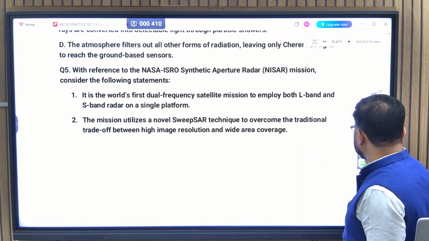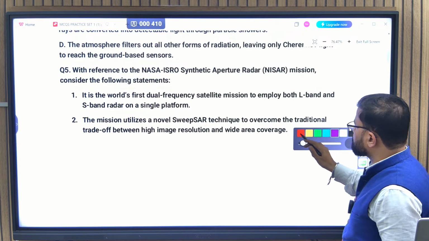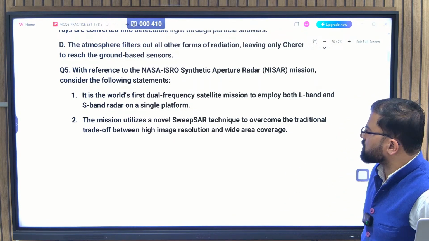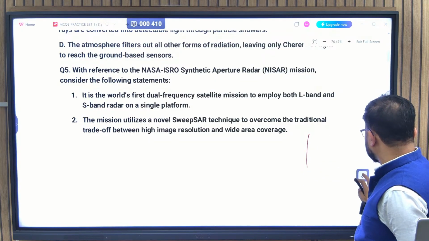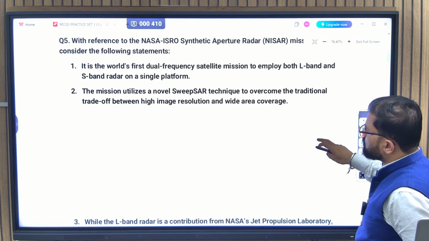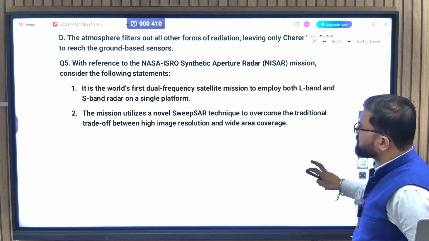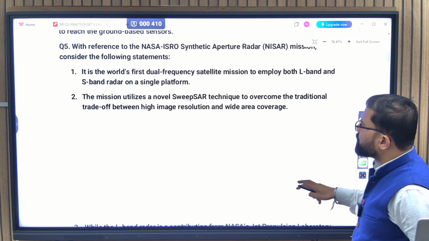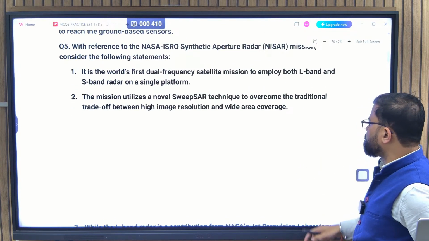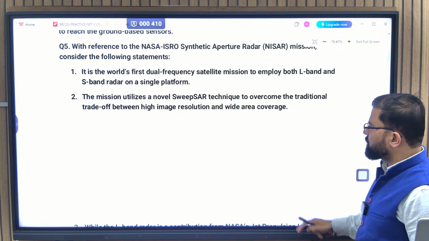Question number 5. With reference to the NASA-ISRO synthetic aperture radar mission, consider the following statements. First, it is the world's first dual frequency satellite mission to employ both L-band and S-band on a single platform.